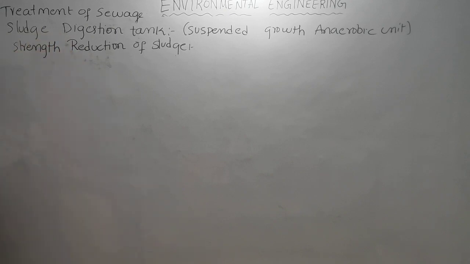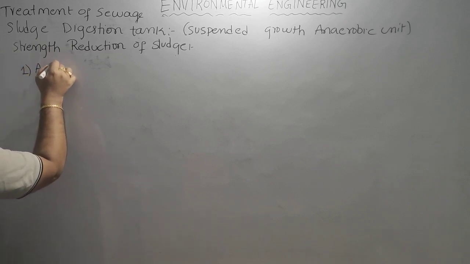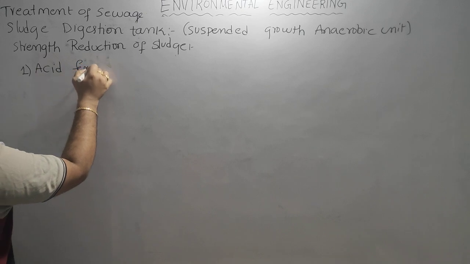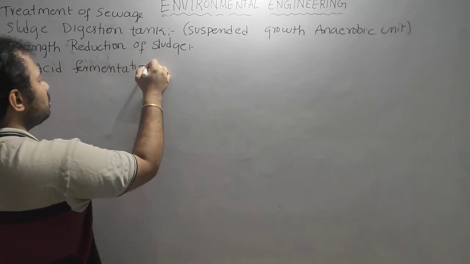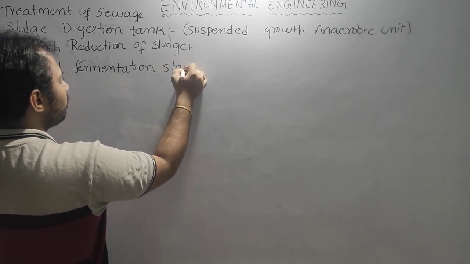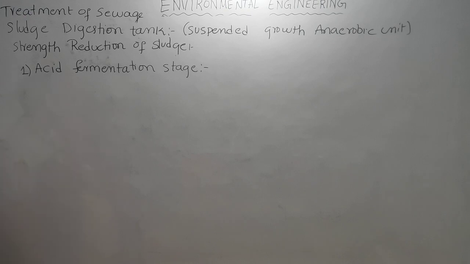I already told you there will be two phases. The first phase is the acid fermentation stage, where acid formers act on the sludge and form acids and alcohols.